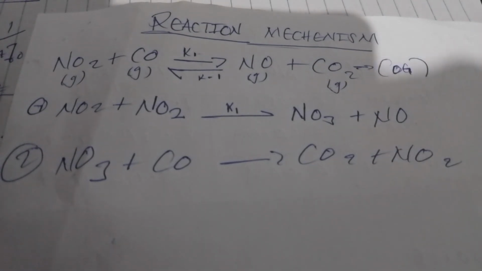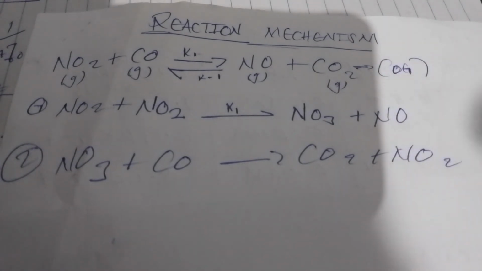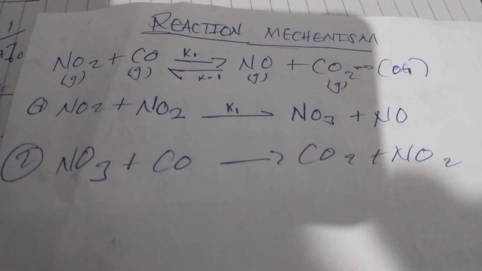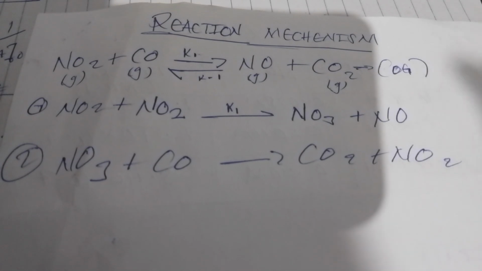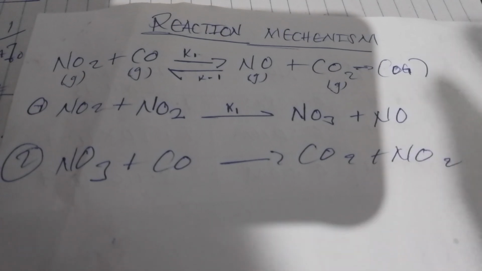We have what we call reaction mechanism. What is it? It's just a series of elementary steps to come up with an original equation out of different equations. It can be a 4, 3 or 5 equation. What's going to happen again in this reaction mechanism? We have what we call an intermediate compound, which participates in both reactant and product, but does not exist in the original equation.